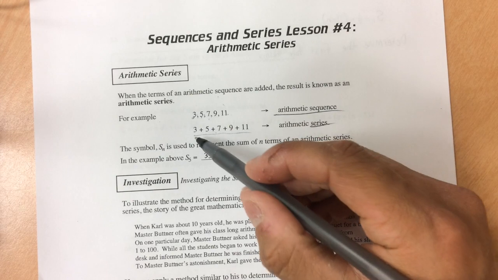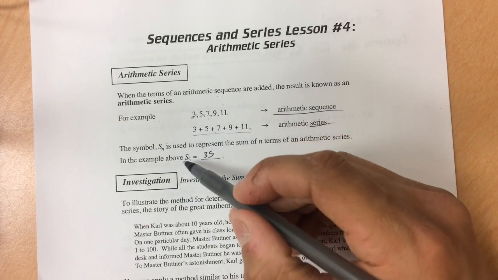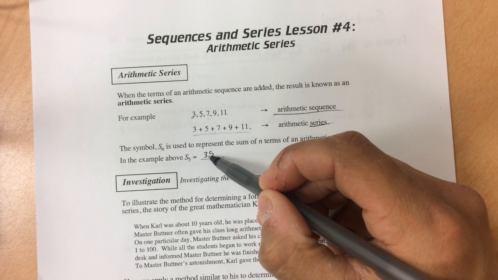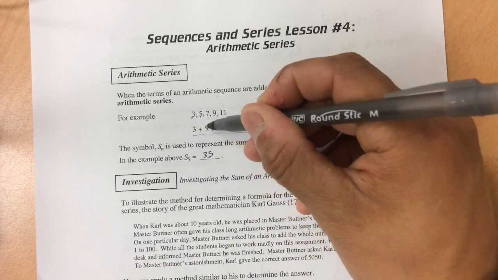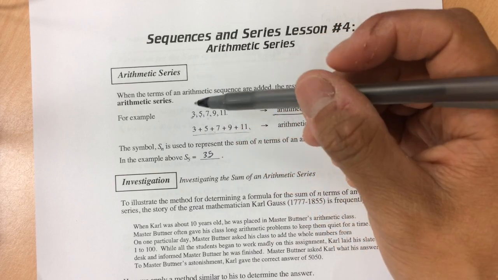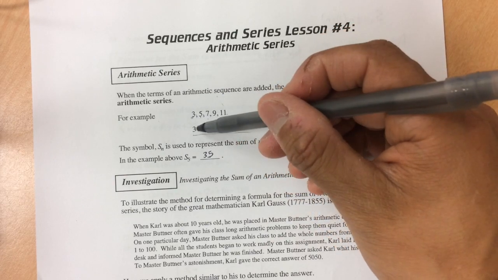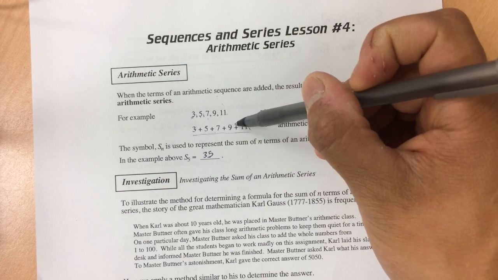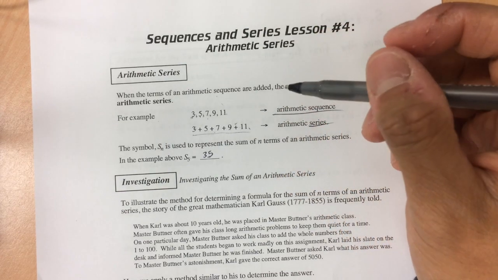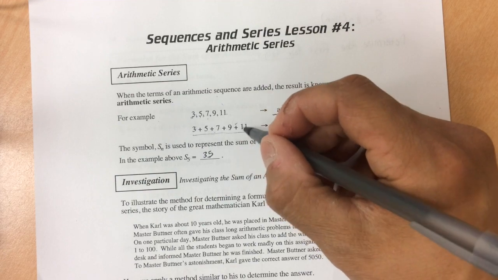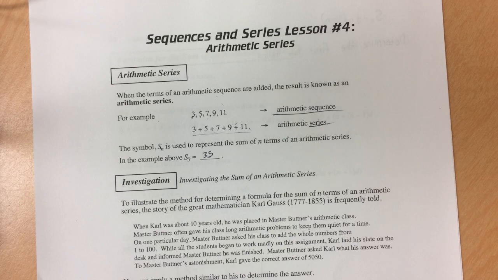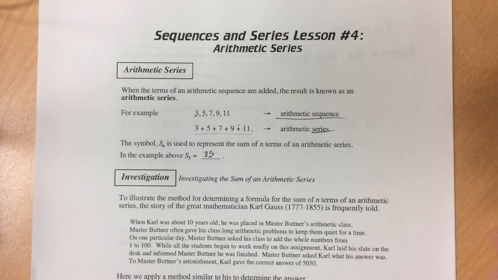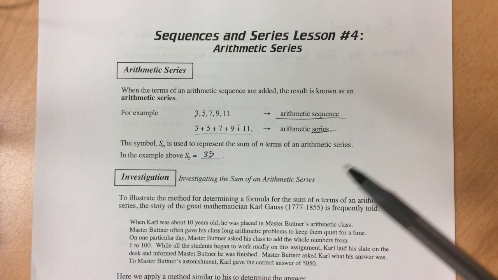And in this case, we have 1, 2, 3, 4, 5, which means that S5 would be 35. Now, if I was using S4, just the first 4 terms, then we would have a sum of 24, right? And so, depending on how many terms you have in your sequence is going to dictate what your sum, what your series is going to be.